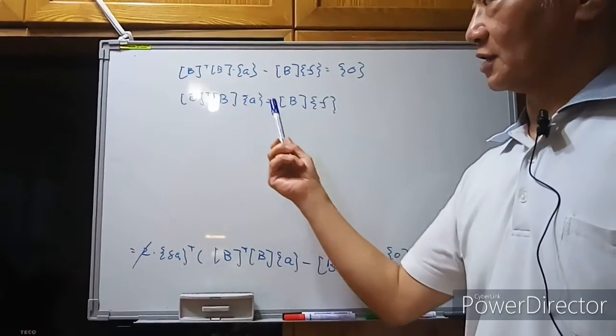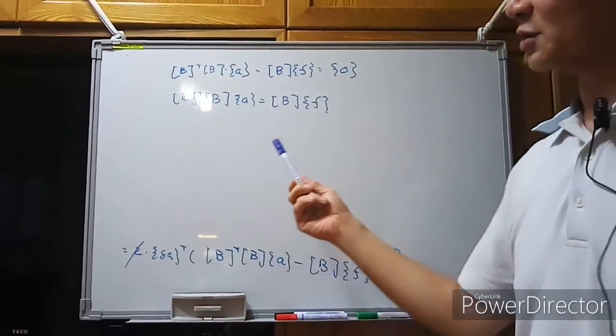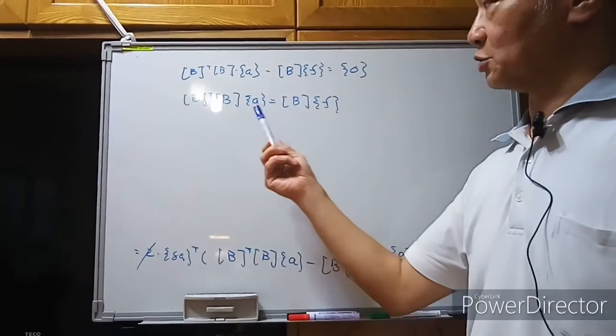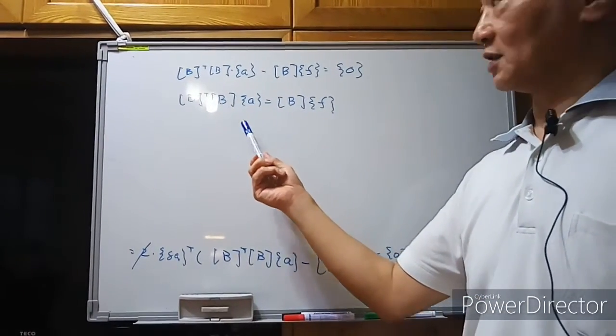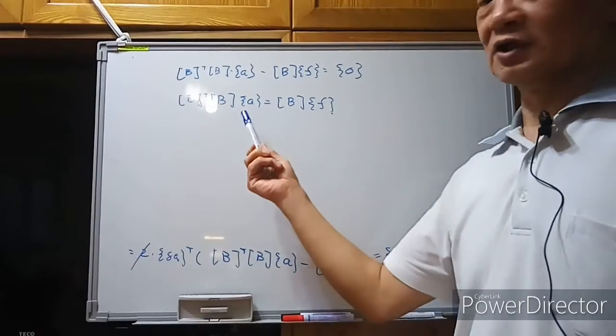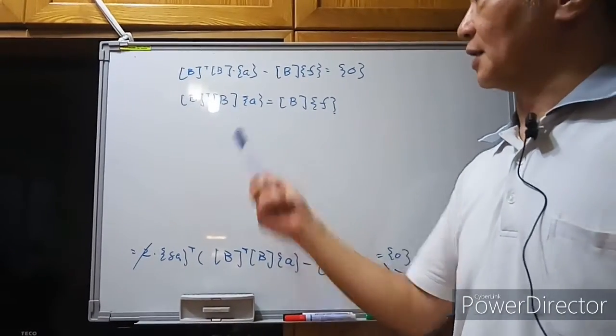And it is a set of simultaneous equations. So we can use the Gaussian elimination method to solve all the coefficients A.